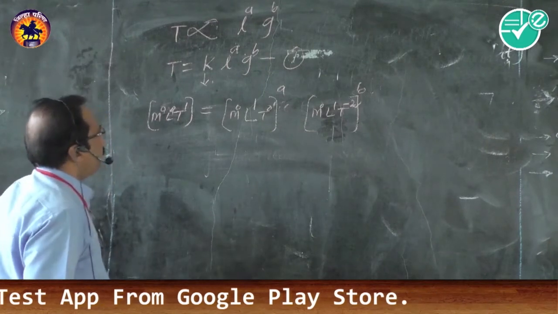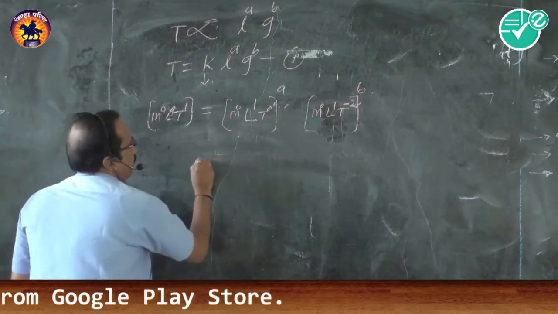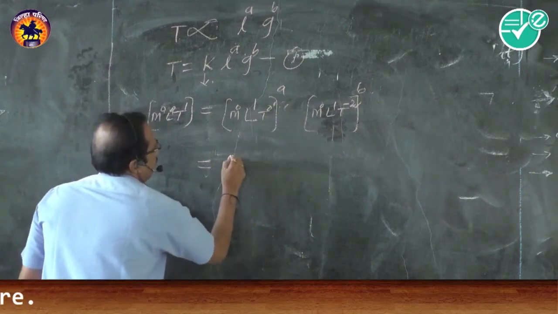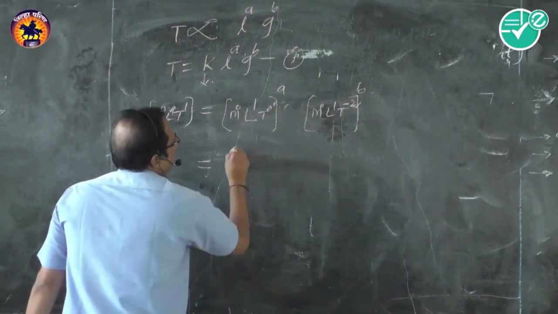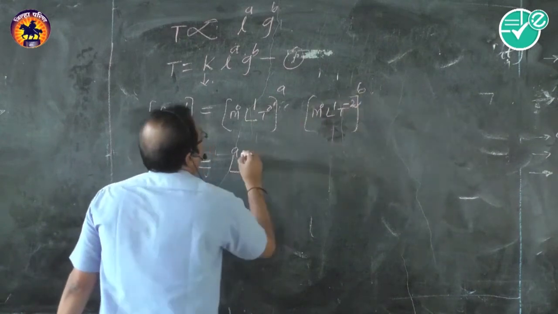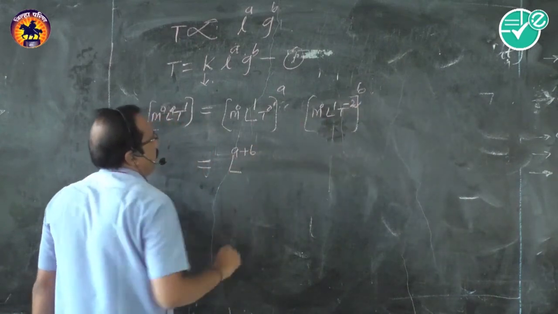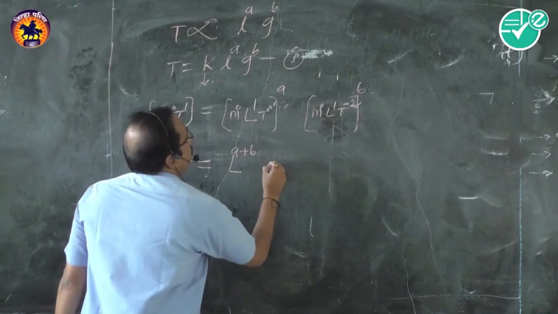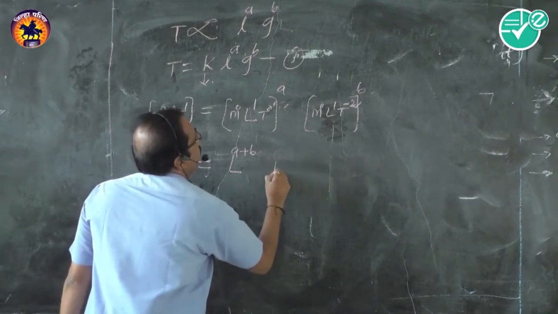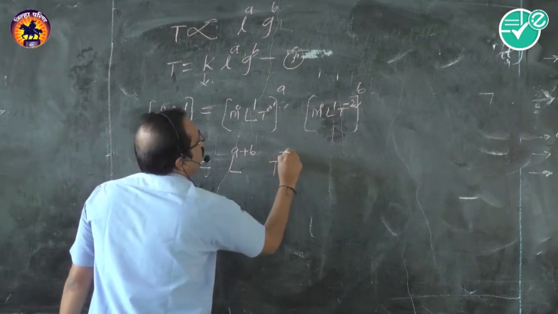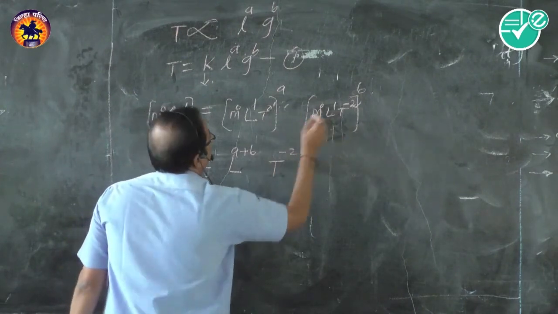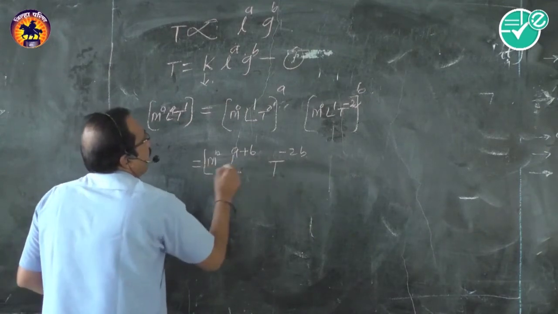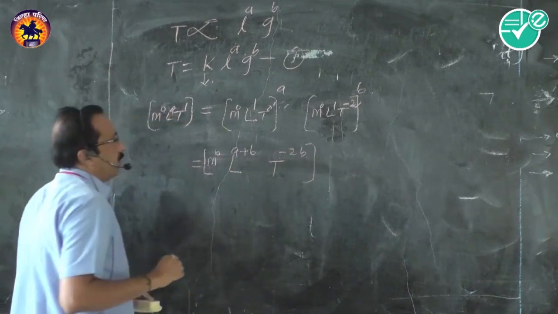So we can find by simplifying it. M raised to 0, so the M term vanishes. L raised to a and L raised to 1 into b, that is a plus b. And T raised to 0 and T raised to minus 2b remains here. The M term vanishes or is M raised to 0; we can write it or ignore it, it makes no difference.